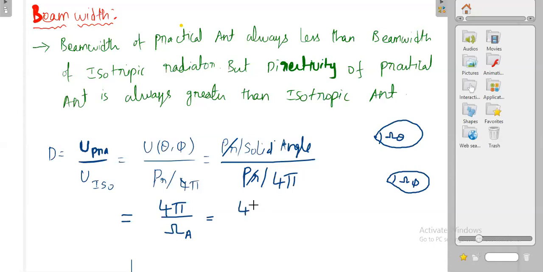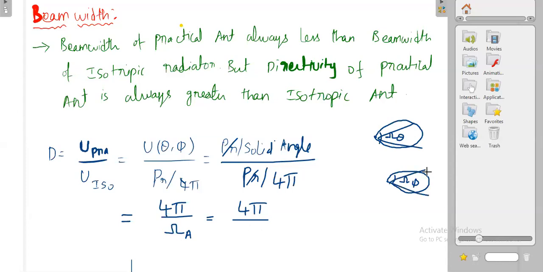This is calculated in the 2D planes, because you have the horizontal plane as well as the vertical plane. In the horizontal plane you calculate the half power beam width. Similarly, in the vertical plane you calculate the half power beam width. You know what half power beam width is? It is the beam width over which the power is always more than half of the power.